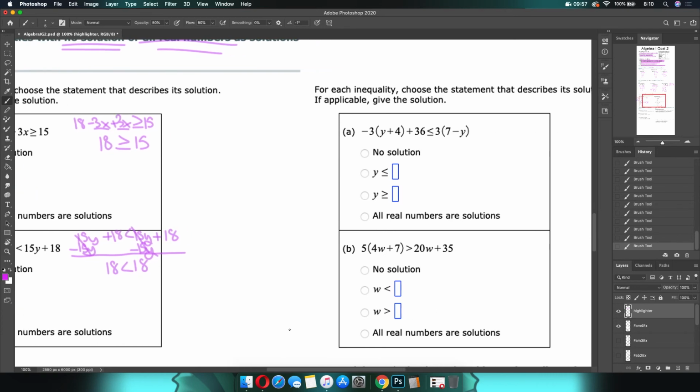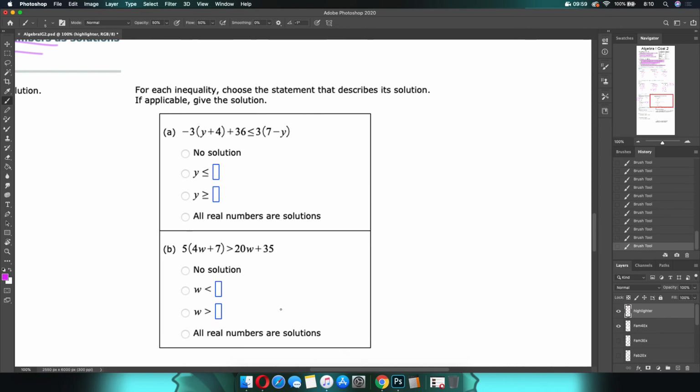So over here, new set of questions. Distribute, distribute. So we're left with negative 3y minus 12 plus 36 less than or equal to 21 minus 3y. Next step is like terms. We have the 12 and the 36.